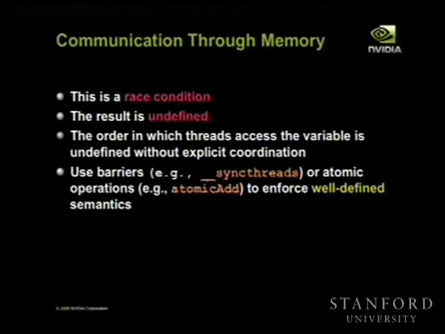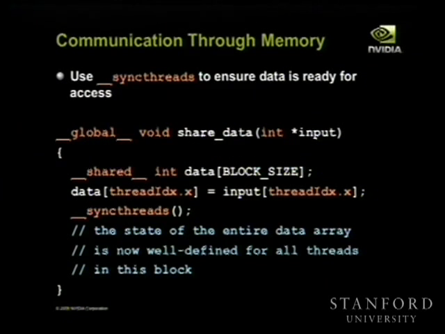In order to have proper semantics and a well-defined value for that result, we need to use either barriers, such as sync threads, or atomic operations to enforce these well-defined semantics so that we can actually reason about the value of these variables. This is how you would implement that kernel using a barrier.